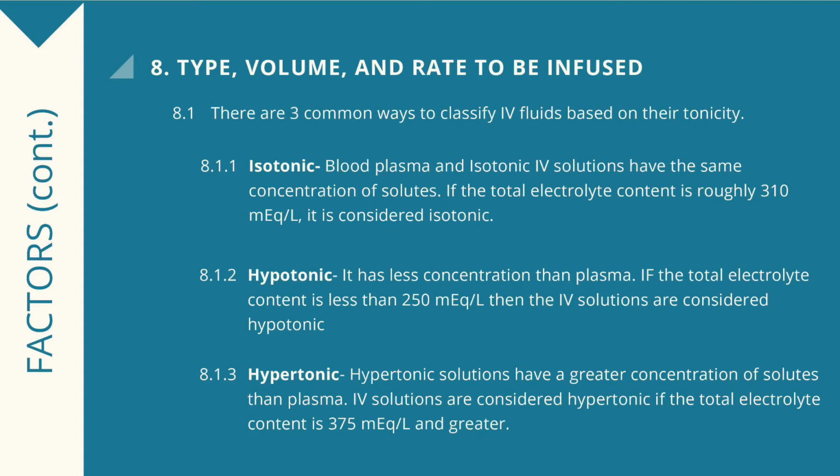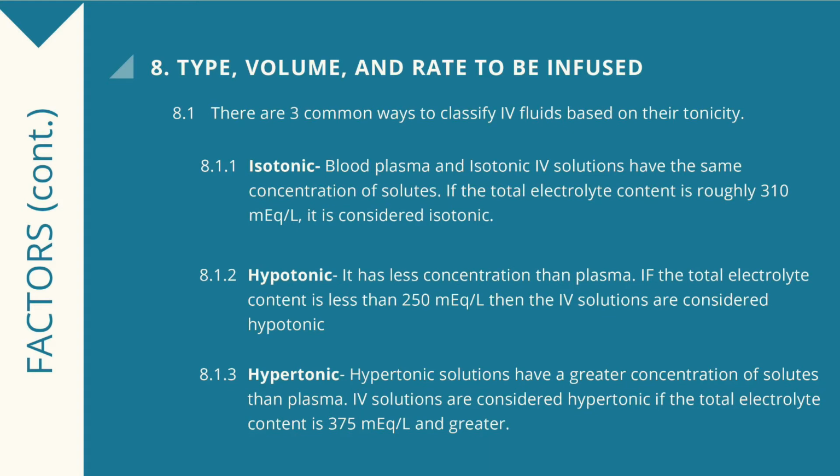There are three common ways to classify IV fluids based on their tonicity. First is the isotonic. Blood plasma and isotonic IV solutions have the same concentration of solutes. If the total electrolyte content is roughly 310 milliequivalents per liter, then it is considered isotonic. For hypotonic, it has less concentration than plasma.